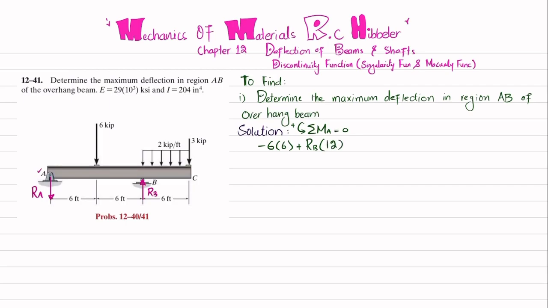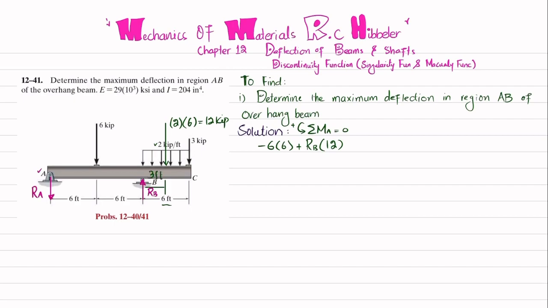Now the third moment is produced by the uniformly distributed load when it is converted into a point load. How will you convert it? The magnitude of the distributed load times its length gives the point load, which is 12 kips, and it acts at half of the 6 feet, so at 3 feet.